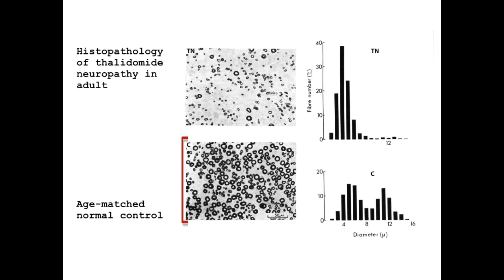A normal age-matched control, shown below, shows what a normal sensory nerve should look like at her age. There are plenty of large diameter axons which are normal, and there is a normal bimodal histogram of axon sizes with a small and a large population.